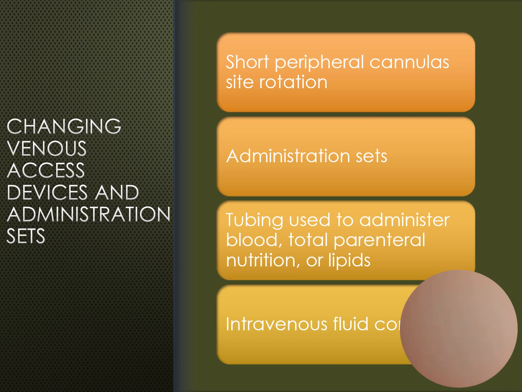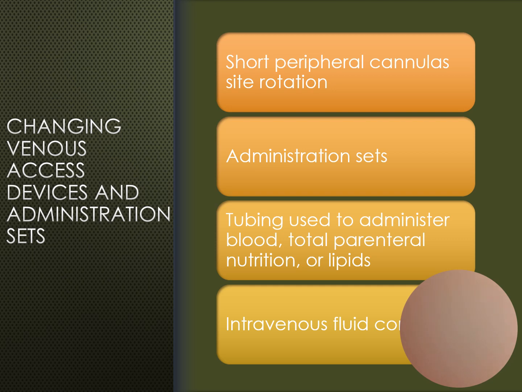Administration sets are going to be changed per facility policy, but usually about every 96 hours. So that's about every 4 days. Tubing used to administer blood is going to be changed with every unit that's infused, unless we're giving it very rapidly.